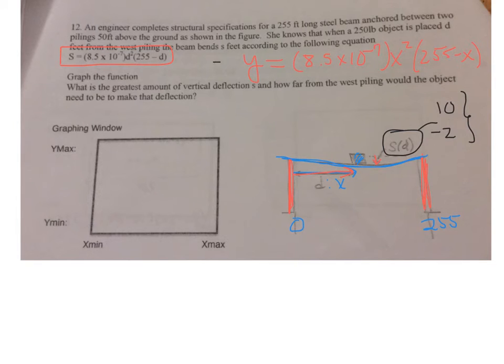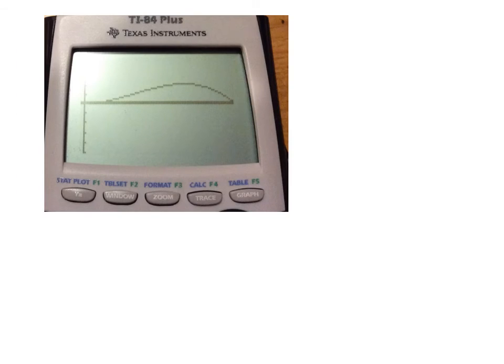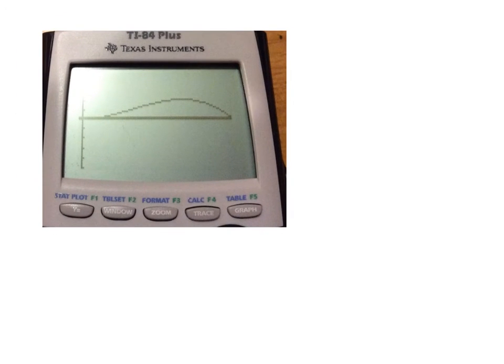So I've typed this into my calculator, and I've put in these. X min is 0, X max is 255, Y min is -2, Y max is 10, and the picture looks like the following image. So here's our y-axis, and that's the S, that's the deflection as a function of D, and here's our d-axis, which is the x-axis.